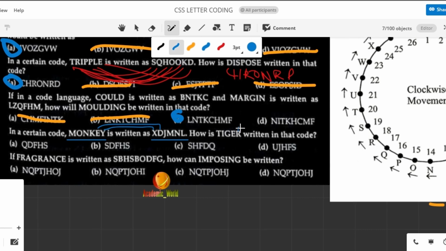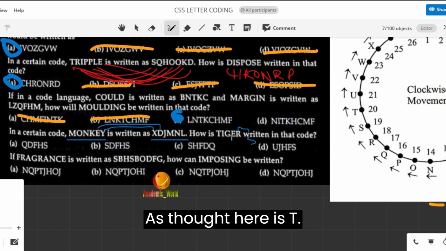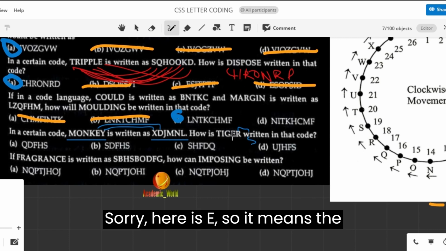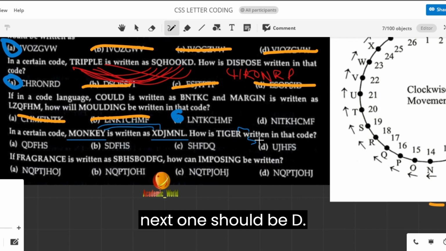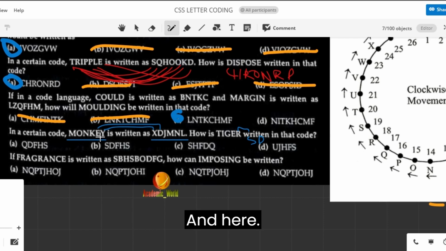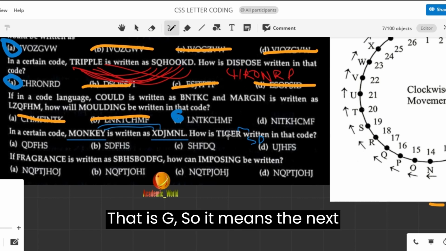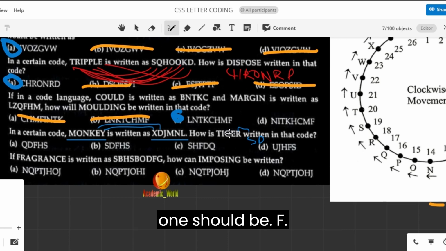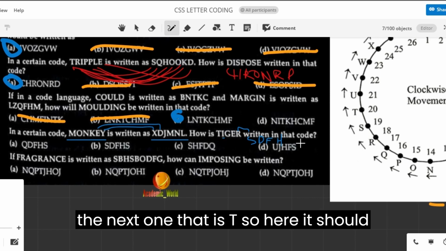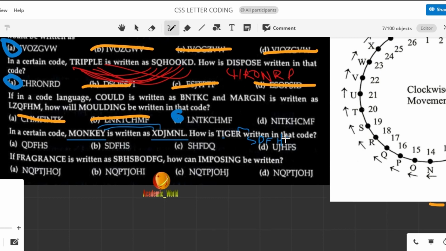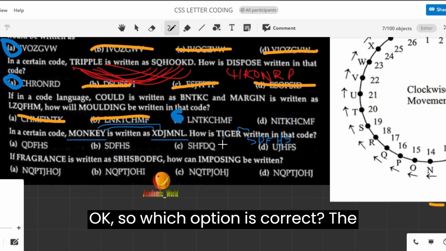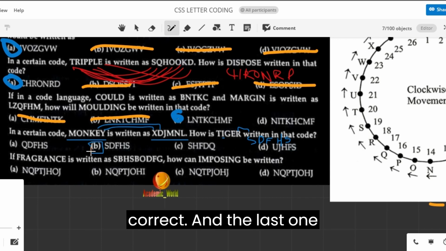So here R, it means it should be like XY, here it should be S, SR, here is E, so the next one should be D, and here that is G, so the next one should be F, and then I, so it should be H, and the next one T, so here it should be S. Okay, which option is correct? Option B is correct.